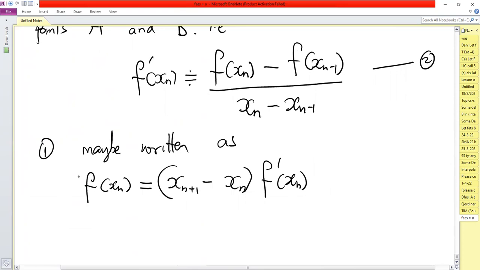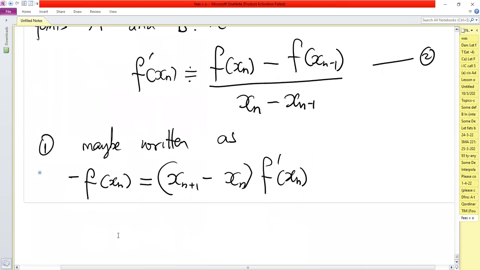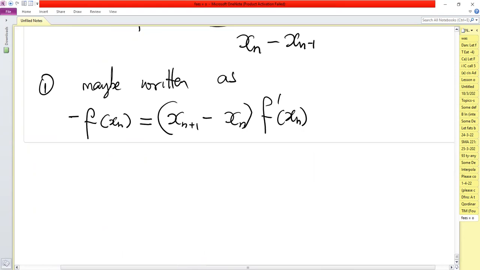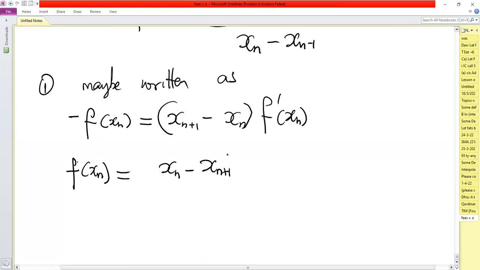So we have negative, which I can write as positive f of xn. Dividing through by negative, I'll have this now as xn minus xn plus 1 multiplied by f prime of xn. Call this one 3.